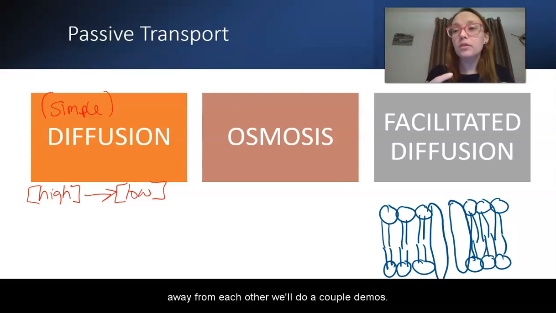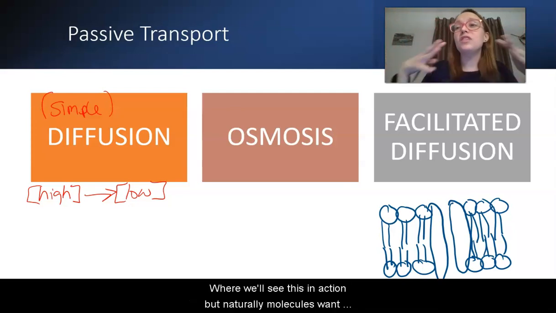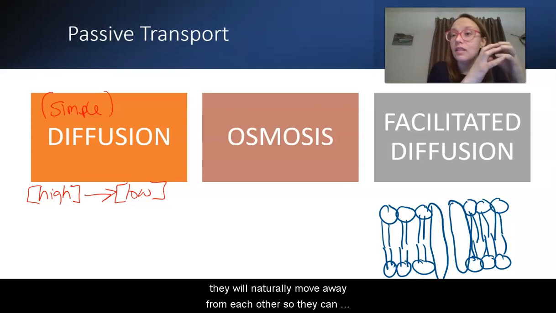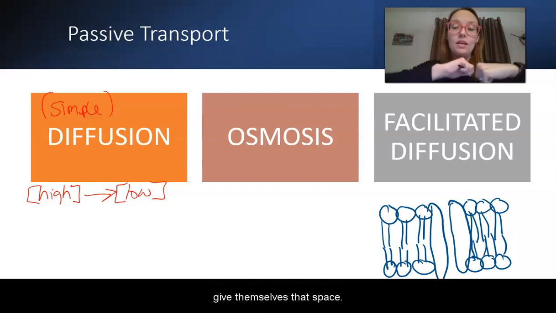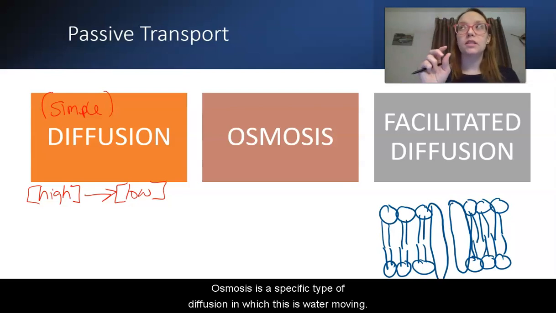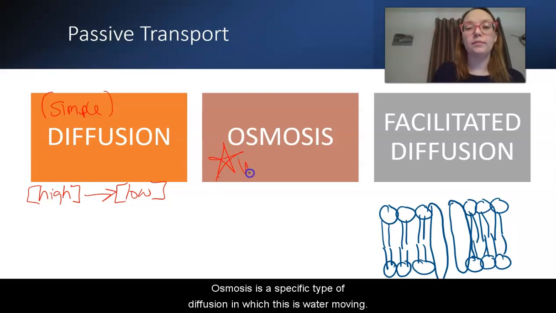We'll do a couple demos where we'll see this in action, but naturally, molecules want their space. So if they're really clumped together in one area, they will naturally move away from each other so they can give themselves that space. Osmosis is a specific type of diffusion in which this is water moving.